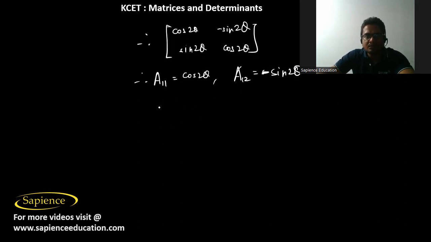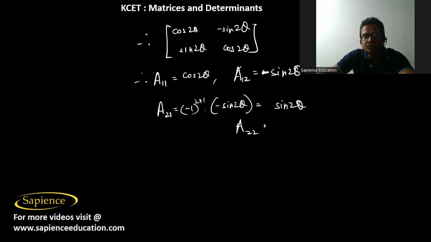Similarly, A21 is (-1) to the power 2 plus 1 into M21, where we exclude the second row and first column. This gives minus sin 2 theta, so minus of minus is plus, and this will be sin 2 theta. Similarly, A22: remove the second row and second column, so that is cos 2 theta.